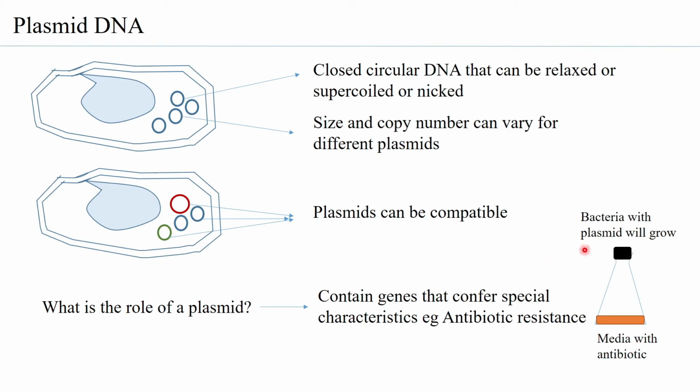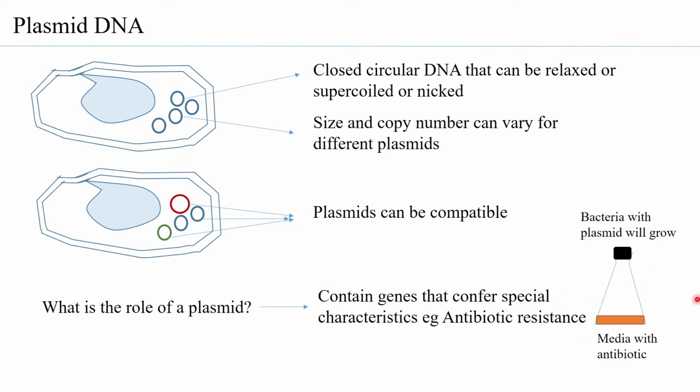For bacteria that does not have the plasmid, the antibiotic will be a chemical that will stop its growth. But because of the presence of the resistance genes, the bacteria is able to grow in a media containing a chemical that can stop its growth. So it has a competitive edge over those bacteria that do not have the plasmid DNA.